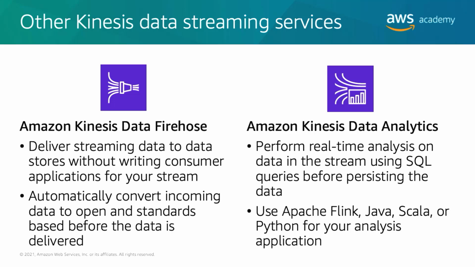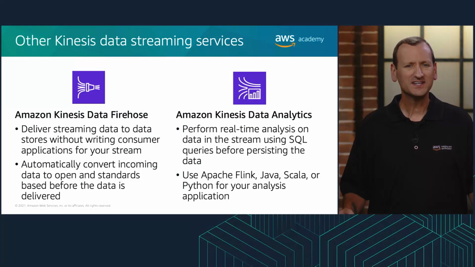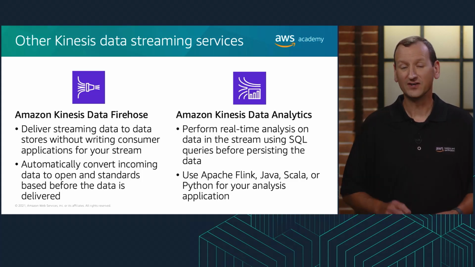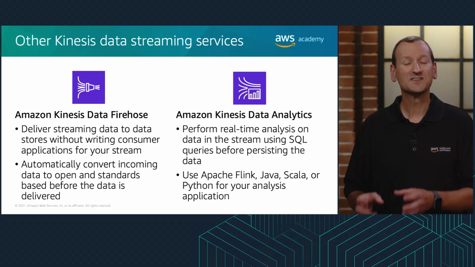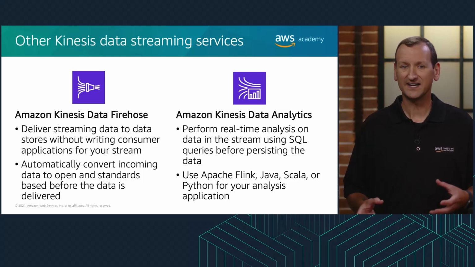With Kinesis Data Firehose, you can automatically convert the incoming data to open and standards-based formats, such as Apache Parquet and Apache ORC, before the data is delivered. With Kinesis Data Firehose, you don't need to write consumer applications or manage shards. You configure your data producers to send data to Kinesis Data Firehose, and the service automatically delivers the data to a destination that you specify.